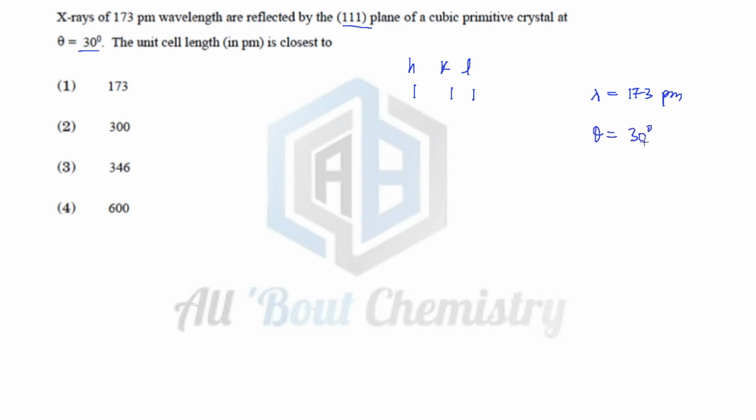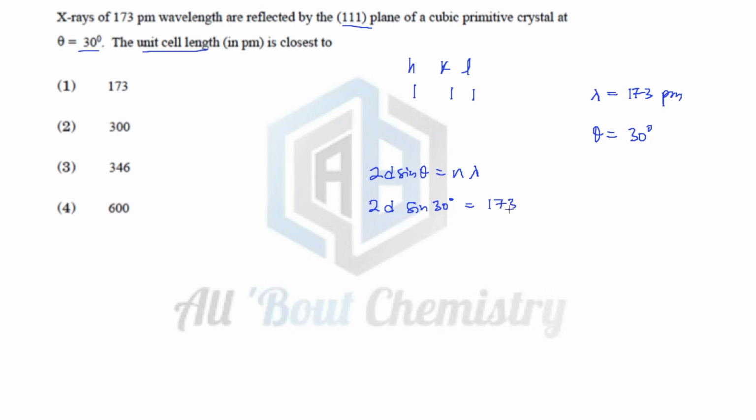Theta is 30 degrees. Now what we have to use is Bragg's equation, that is 2d sine theta equals n lambda. Using that we can solve this to calculate the unit cell length. So for that we'll first of all calculate d. This will be 2d sine 30 degrees, and since it is not given which reflection they are talking about, first order, second order, we'll take it as first order.